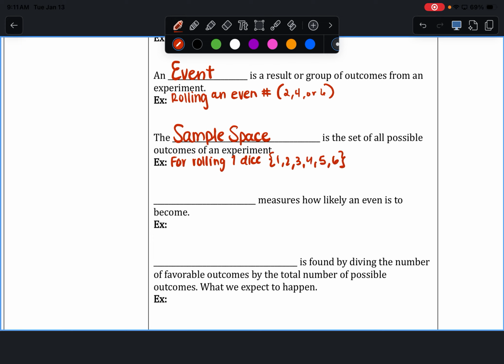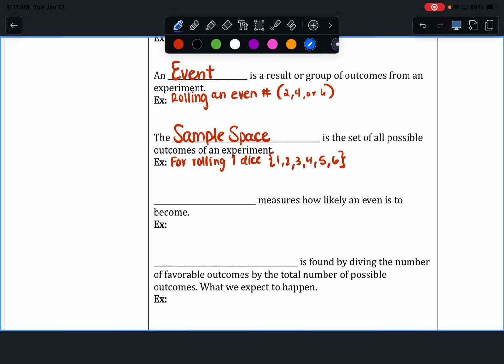Okay? How many different things are in the sample space for a standard deck of cards? 52. Right? We have 2 through 10, 4 different times, and we have all of our Jack, King, Queen, Ace for 4 different suits. So the sample space depends on what type of sample we're looking at. But we can find it for any of those.